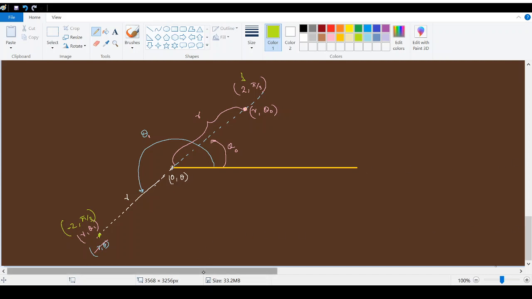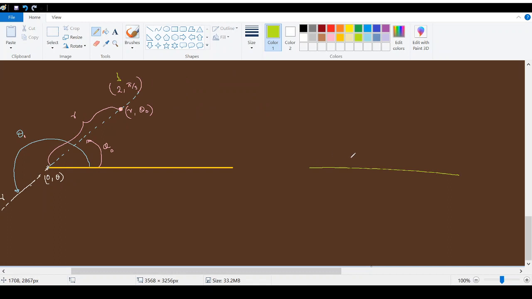Or else let's say we have the same system, and we know the distance and the radius at this point, let's say this is 3 and let's have this angle as 4 pi over 3, then the coordinate of this point will be equal to 3, 4 pi over 3, right?